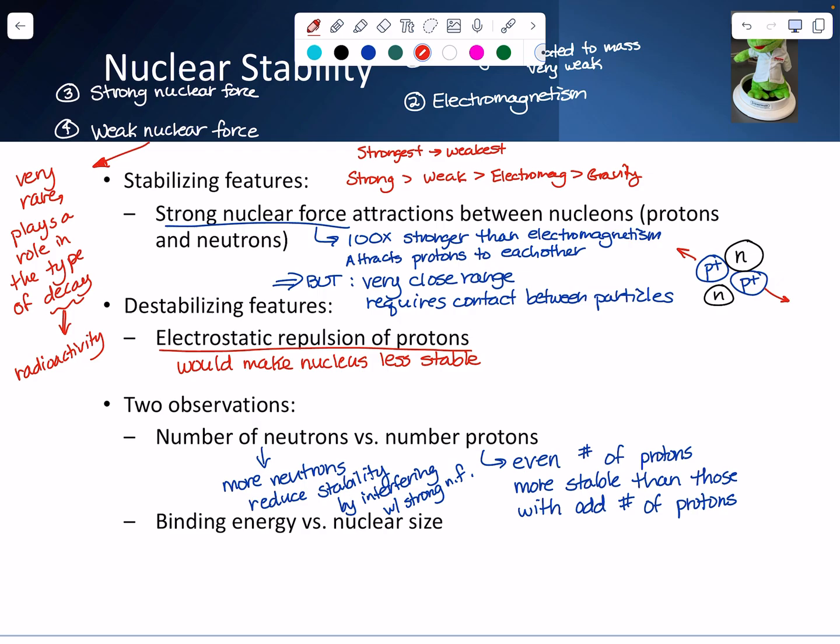So not all radioactivity is the same strength or can do the same amount of damage.